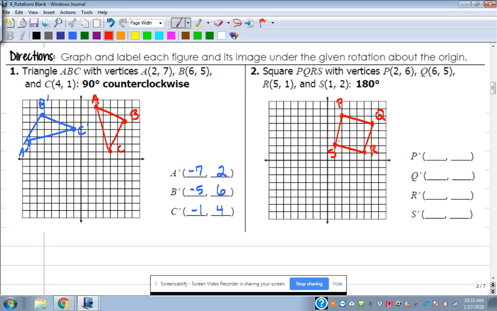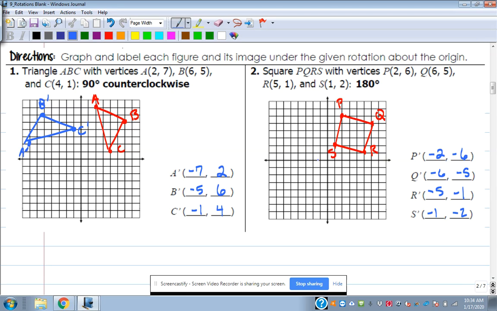And we're rotating that with a 180 degree rotation. What happens to the ordered pairs for P prime? Sign changes is all it does. So (-2, -6), (-6, -5), (-5, -1), (-1, -2). It doesn't change the order of them at all, just changes their signs. And then we're going to plot that.